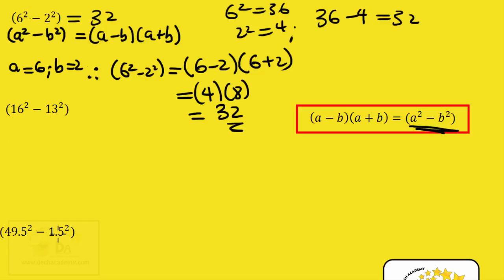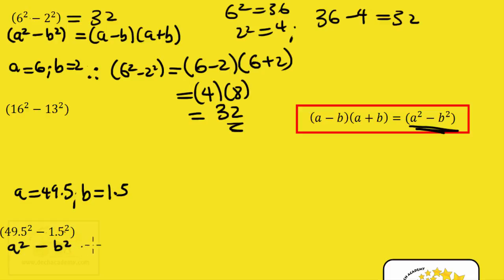Sometimes you might have an expression like, let's move to this one: 49.5 squared minus 1.5 squared. Now, you don't know what 49.5 squared is by heart. Most people don't anyway. So instead of getting a calculator and squaring this term, then subtracting the result of 1.5 times 1.5, you just say, well, this expression is of the form a squared minus b squared, where a is 49.5 and b is 1.5.